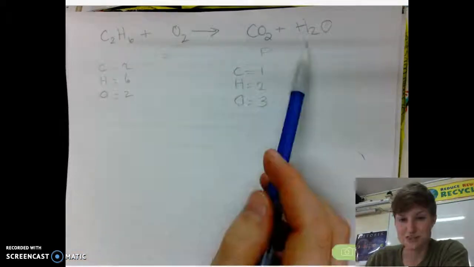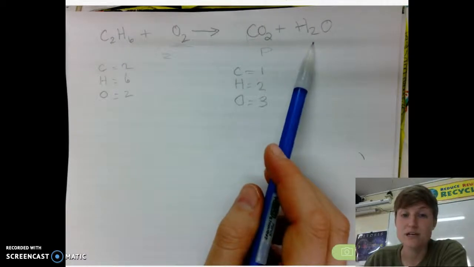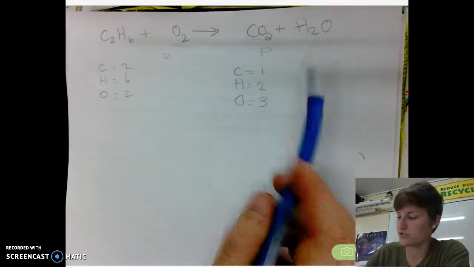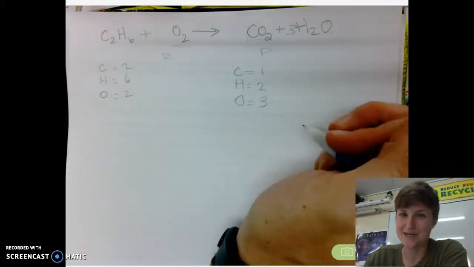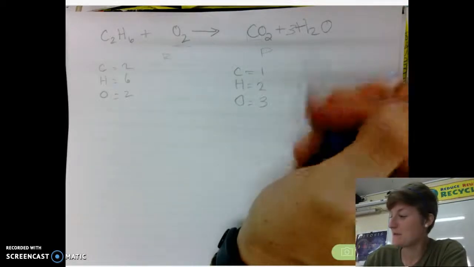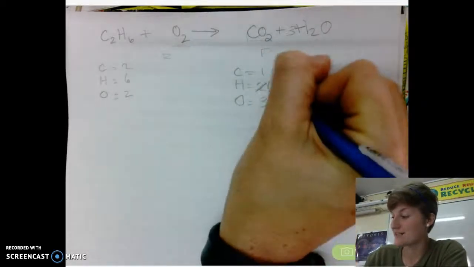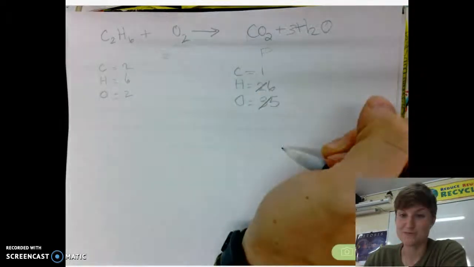You have a 6 and a 2. What's common between these? Well, if you put a 3 in front of water, then you'll equal 6. So we're going to start with that. And you can see I'm doing this in pencil, so we can erase, and we will have to erase. Alright, so now I have 6 hydrogens and 3 plus 2, 5 oxygens.